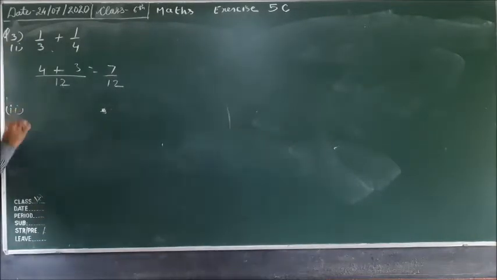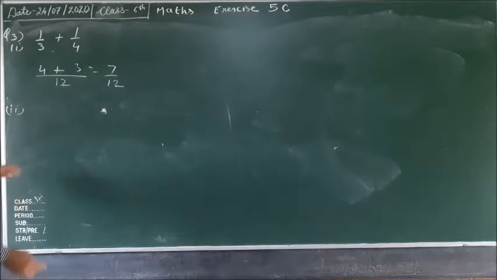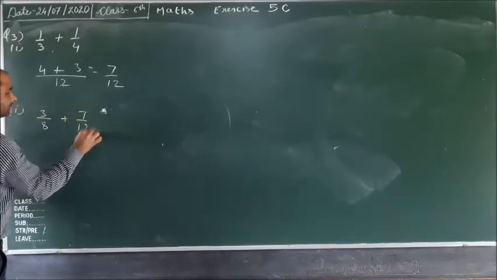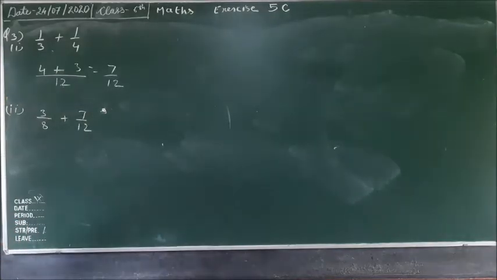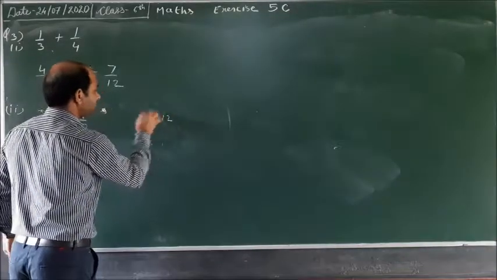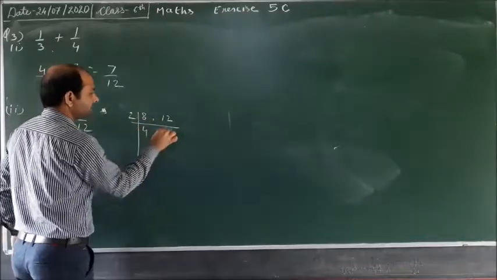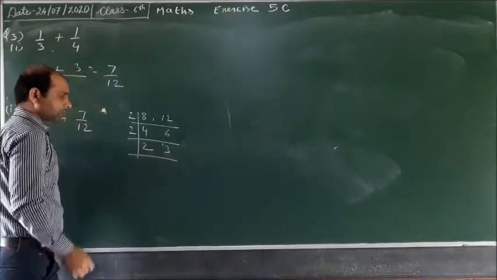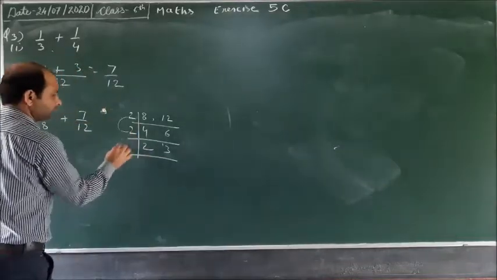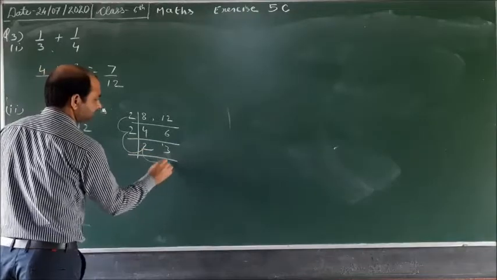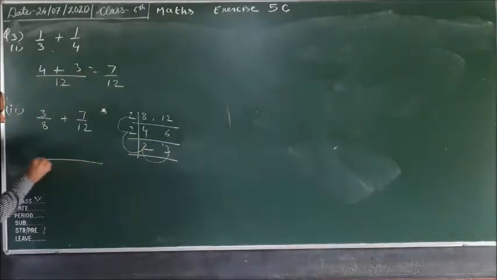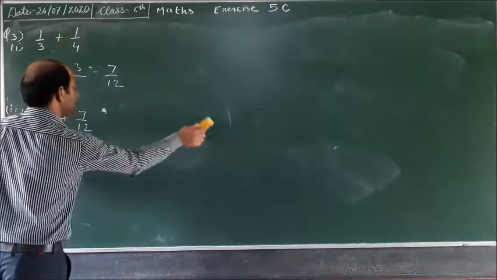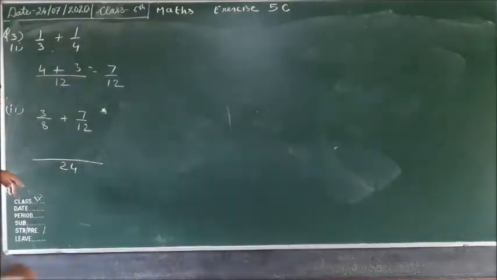Now the second question: 3 upon 8 plus 7 upon 12. Now take the LCM of 8 and 12. 2 fours are 8, 2 sixes are 12, 2 twos are 4, 2 threes are 6. Okay. Now 2 twos are 4, 4 twos are 8, 8 threes are 24. So the LCM of 8 and 12 is 24.